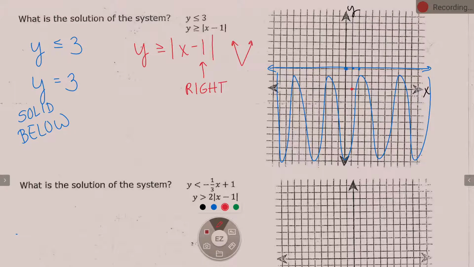Now, based on the fact that this is just absolute value of x minus 1, there's nothing in front of the absolute value, nothing in front of the x. What's my V look like? Those slopes are just a 1 on each side. So we can go up 1, right 1, up 1, right 1. On the left side of the V, you also go up 1, except it's up 1, left 1.